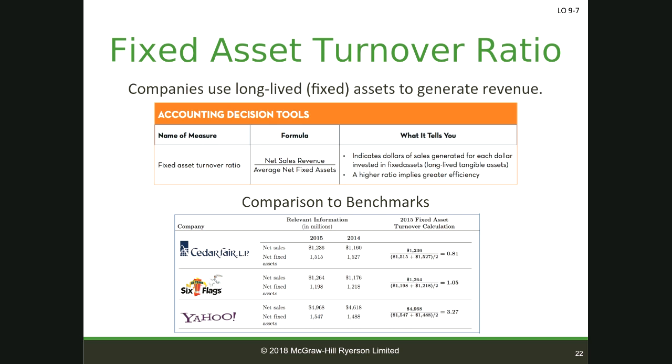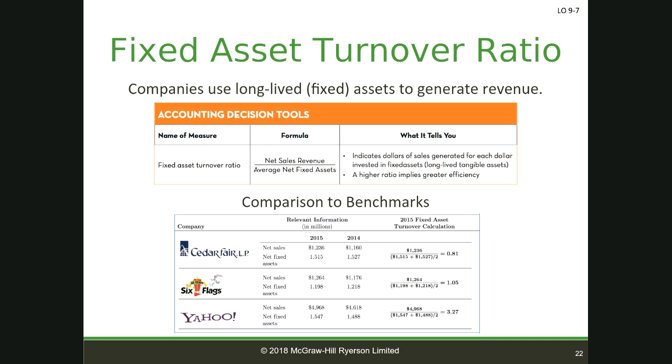Now, there are a number of important ratios when we look at financial statements. And of course, one of the reasons we want to ensure that our accounting is correct is because if our accounting is incorrect, it means the ratios that we calculate will also be incorrect.